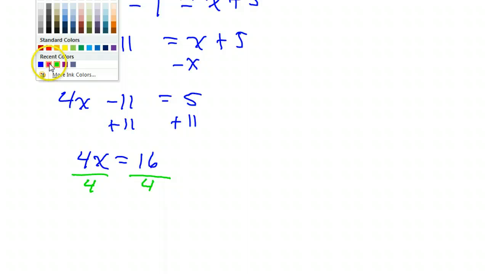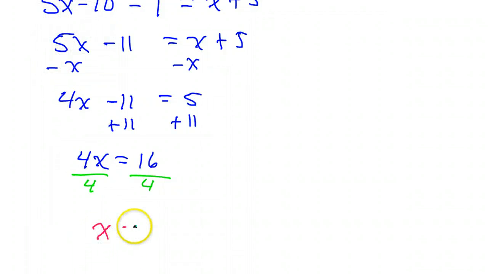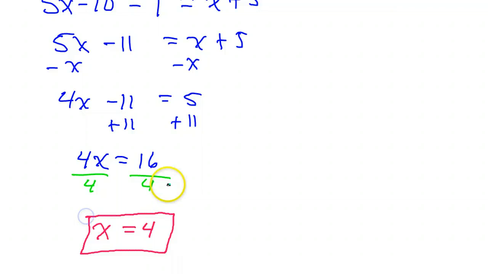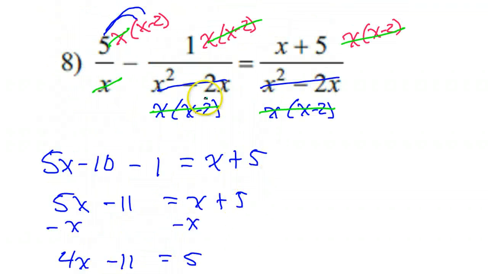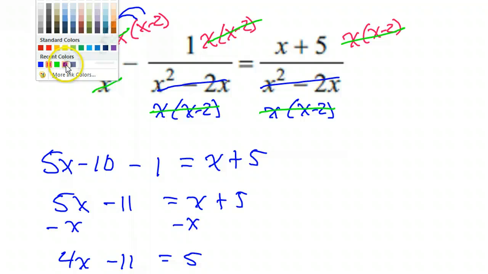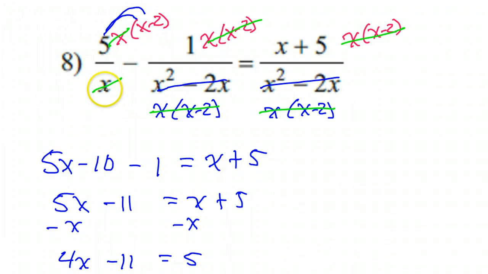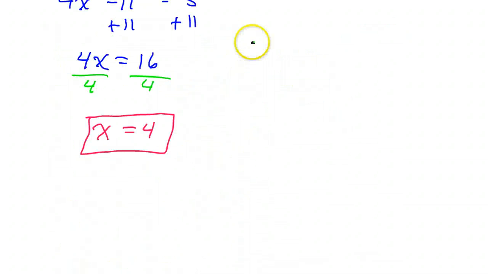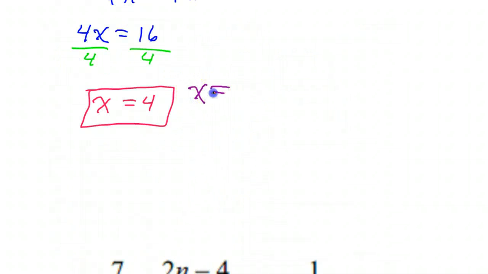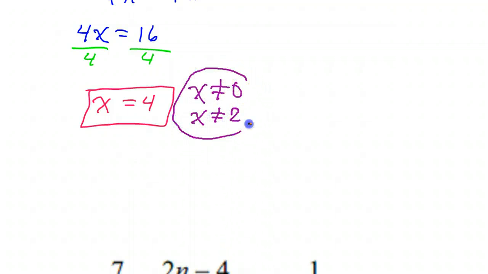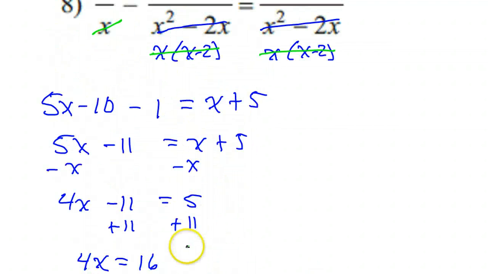So that'll give me x equals 4. All right, let's take a look at the restrictions. All right, x cannot equal 0 or positive 2. All right, so that's the solution for number 8.